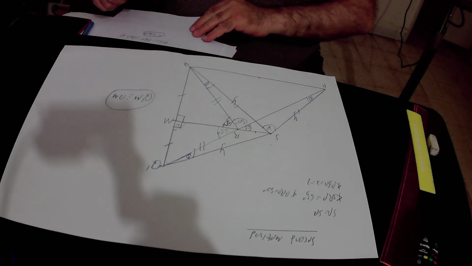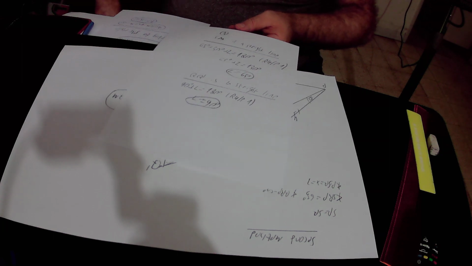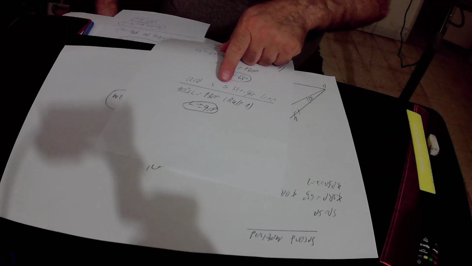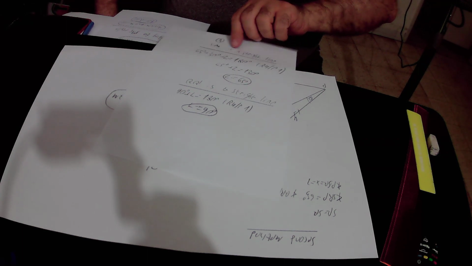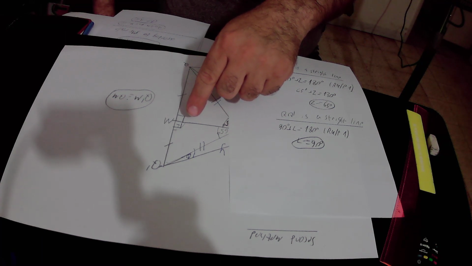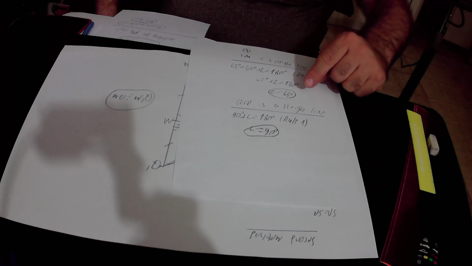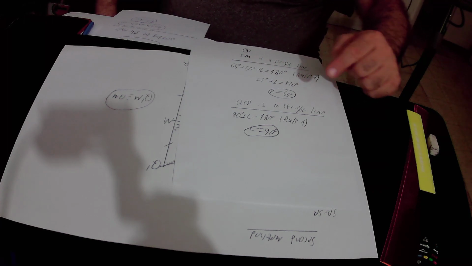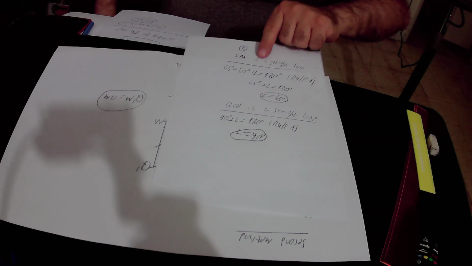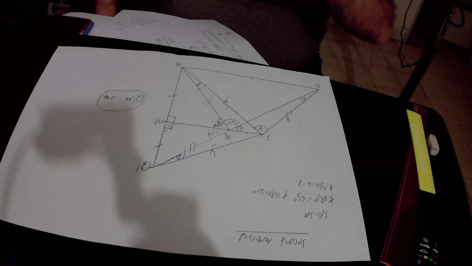So here, 90 degrees plus the size of angle L must be equal to 180 degrees. We subtracted 90 degrees from this equality, and we got that the size of angle L is 90 degrees. So this angle equals 90 degrees.